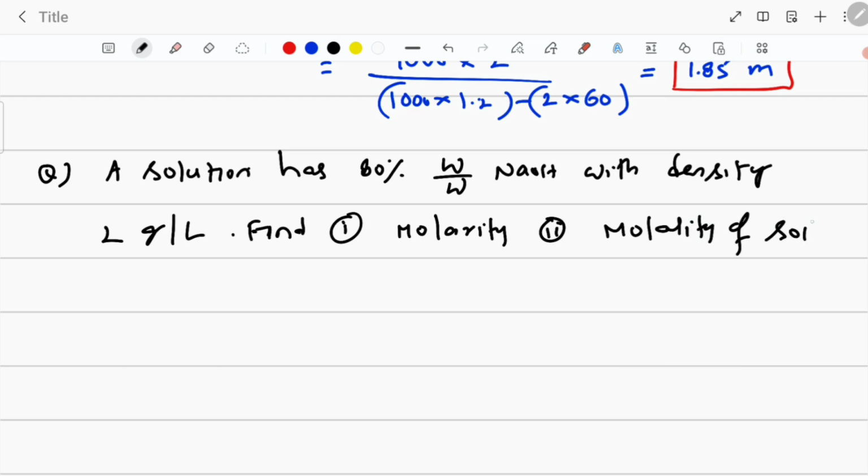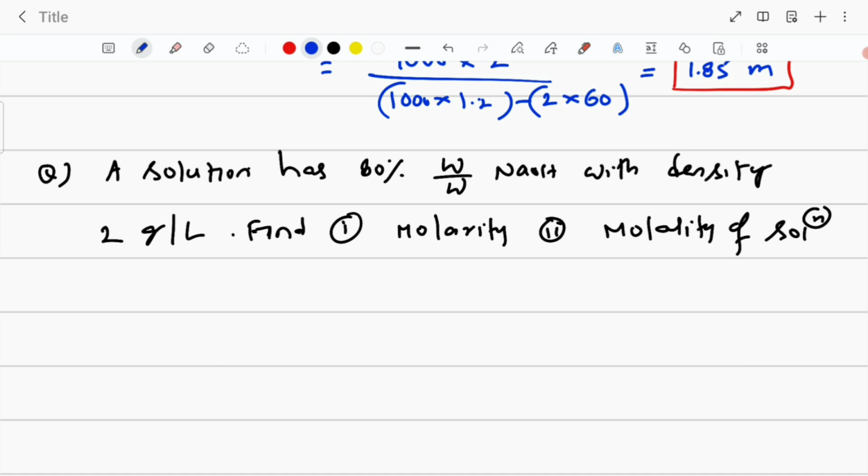Both the terms are asked, molarity and molality of the solution. See how to find now. 80% W by W NaOH with density 2 gram per liter. Find molarity and then molality of solution.